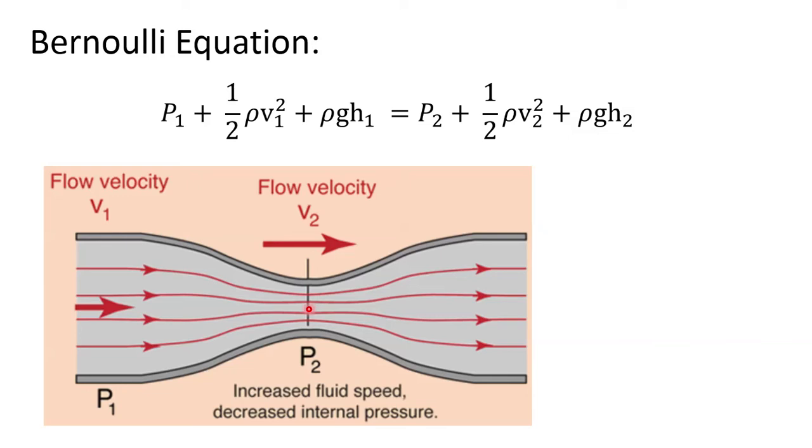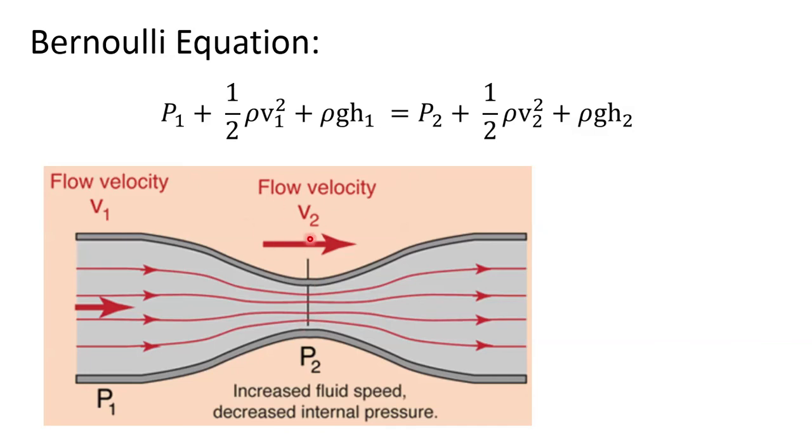The simple way to interpret this equation is that when the velocity increases, which is what they're trying to show you here, V1 is the smaller arrow. When it goes to this smaller diameter area, the flow increases.